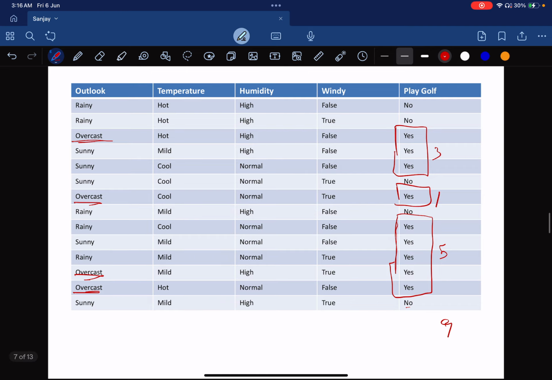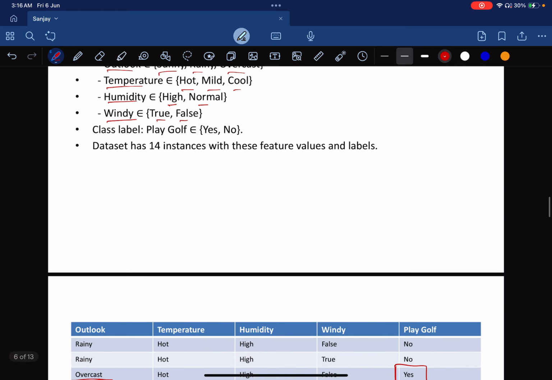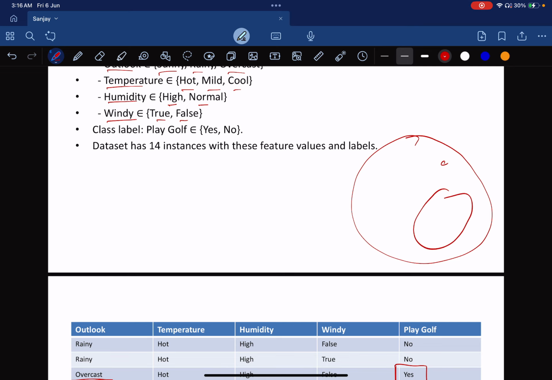There are big classes, and in that big class there are two classes, class yes and class no. In that yes, what is the number of sunny?